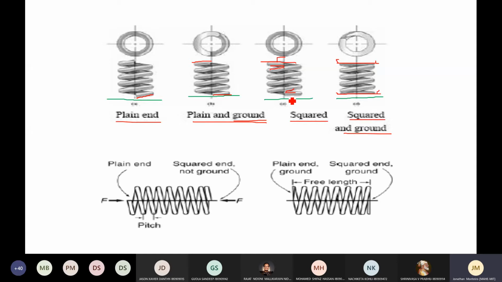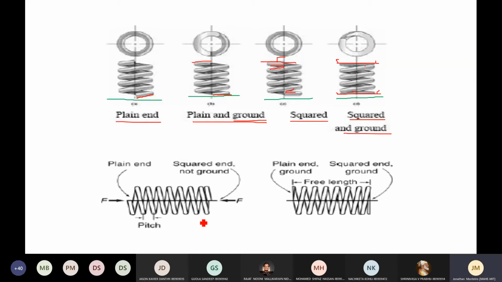That means the first and last coil are not going to give you any action, and they themselves become one single unit. So the suspension action, or the active coils, will start only from the second coil. There is no option for it to use all the coils. So that is one disadvantage that we have.